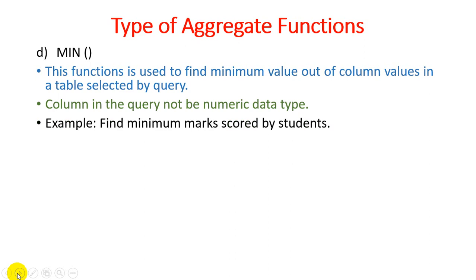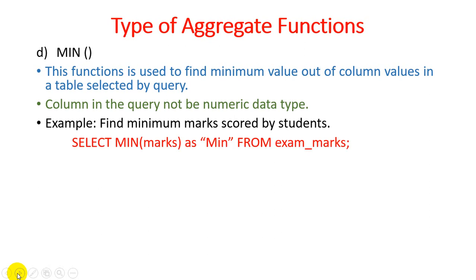Find the minimum marks scored by the student. Select minimum marks as minimum from the exam marks. તમે કેરેક્ટરની સ્ટ્રિંગની લેન્થ પર મિનિમમ ફંક્શન એપ્લાય કરી શકો છો. That's why the column in the query need not be a numeric data type.